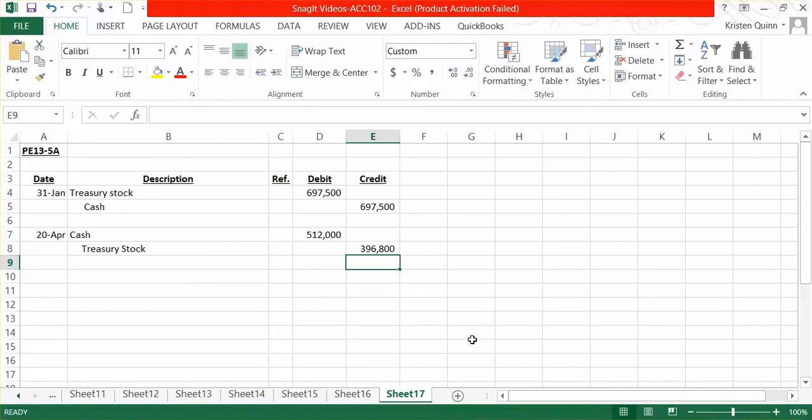When we're looking at this, the cash that we received, the $512,000, is greater than what we had paid for those 12,800 shares.